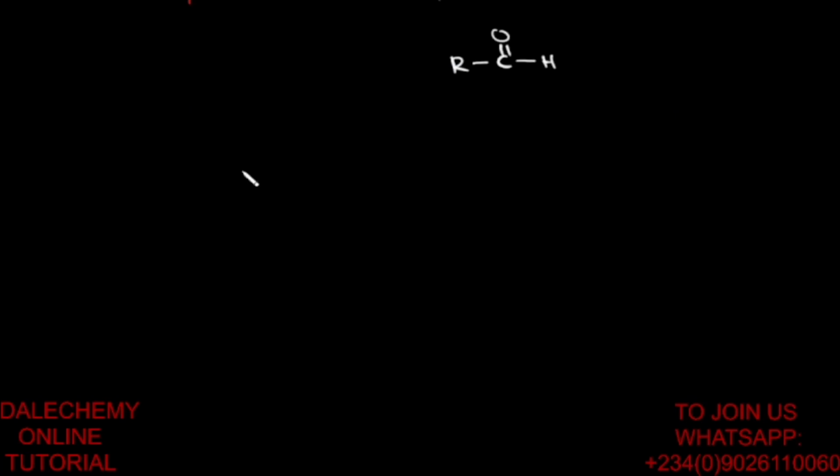Now let's look at some examples. You might see in your past questions: predict the ozonolysis product of hex-3-ene. So the first thing is to draw hex-3-ene. We have 6 carbons. At the third position we're having the double bond.